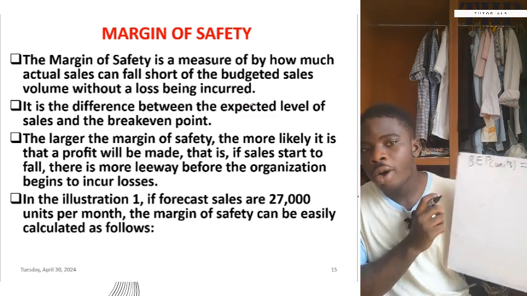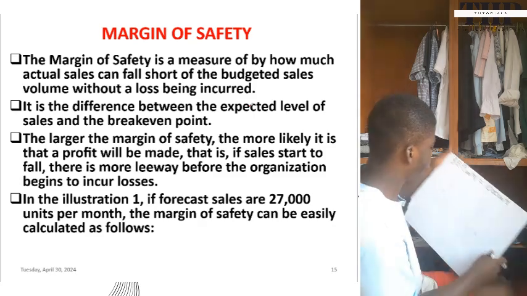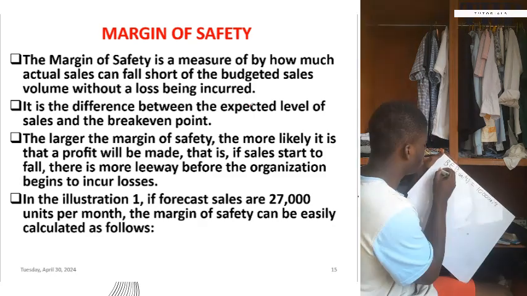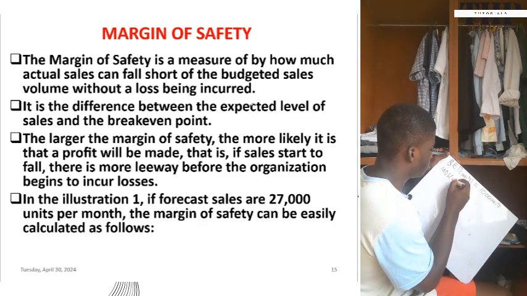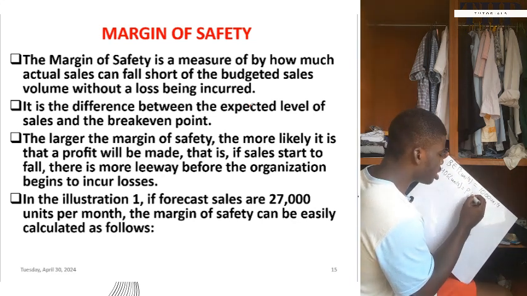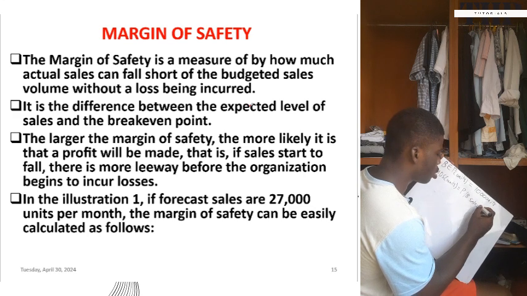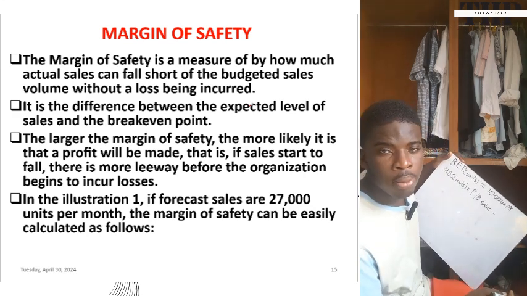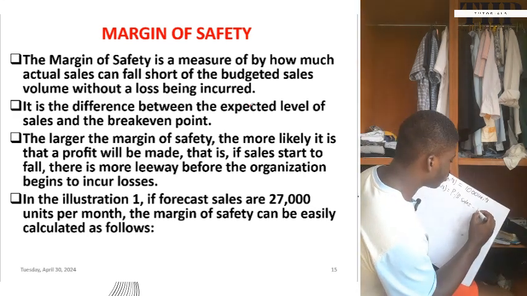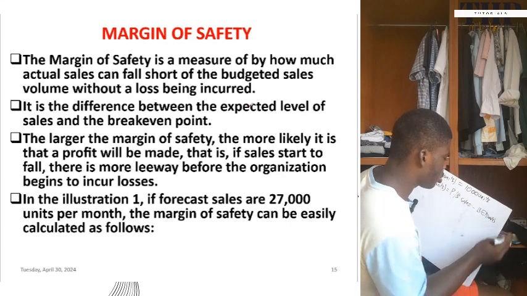Now, the formula for margin of safety, in units, is equal to projected or budgeted sales minus the break-even point.